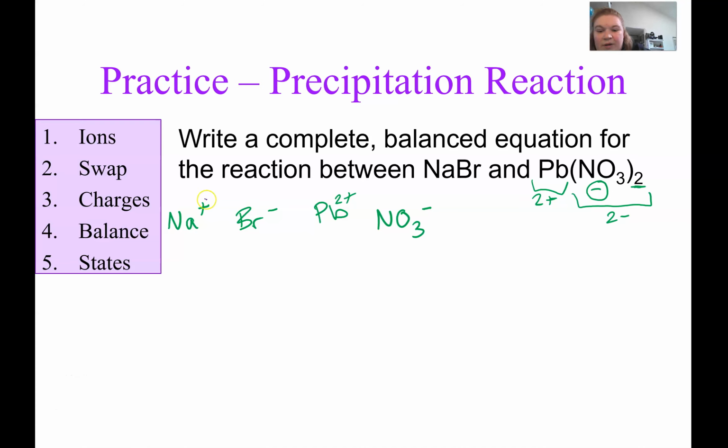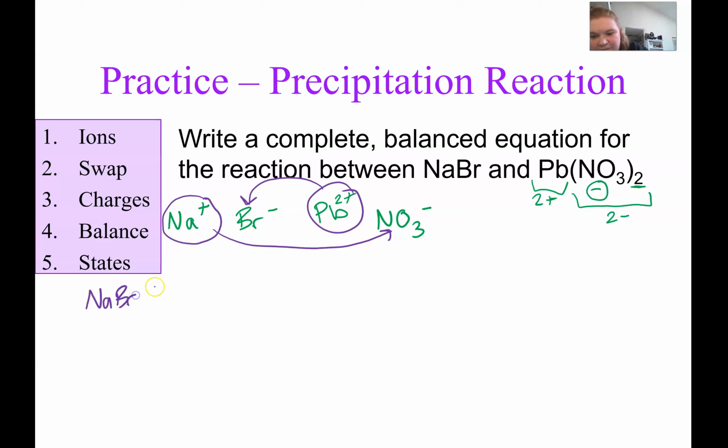Now we're going to swap their partners. Sodium goes with nitrate, lead goes with bromide. Remember that when you write these out, the cation has to go first. So I'm going to fill in my reactants. I'm going to leave some space here in case I need to put in coefficients for balancing though.